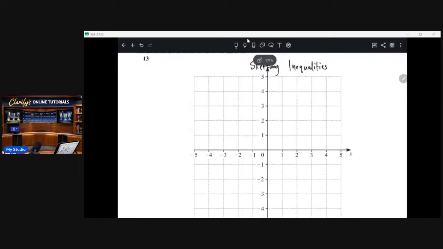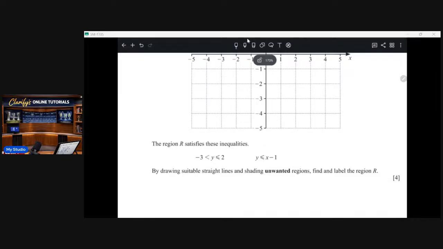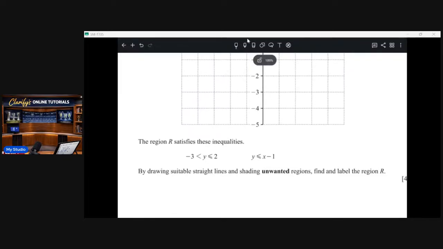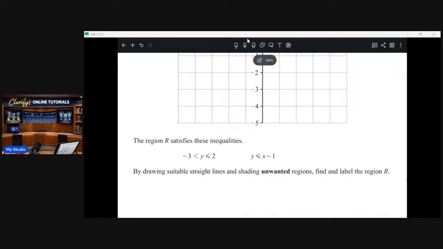We said the first thing you do is you convert everything to be an equal sign. And the other thing you must do is make sure that if you have an inequality that is two parts like this, split it into one. Don't leave it to be two parts. This is wrong. You never ever do this. Split it.